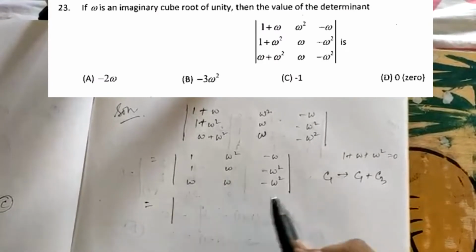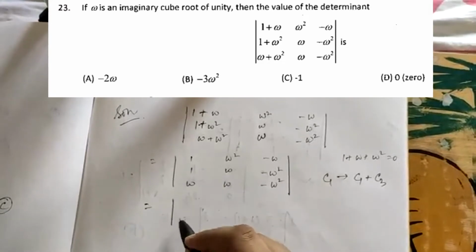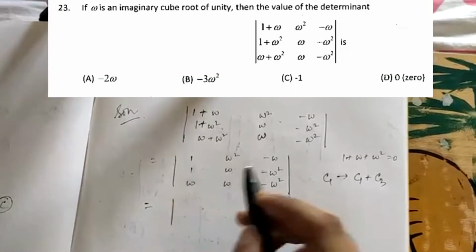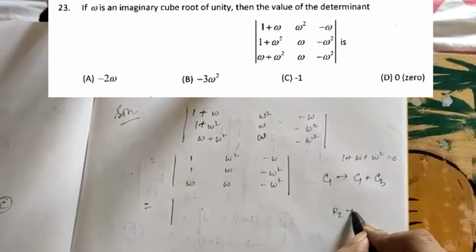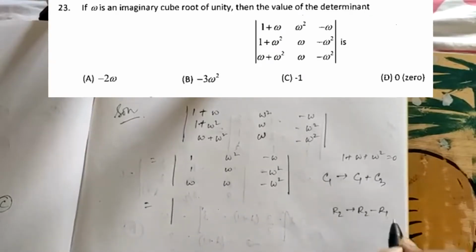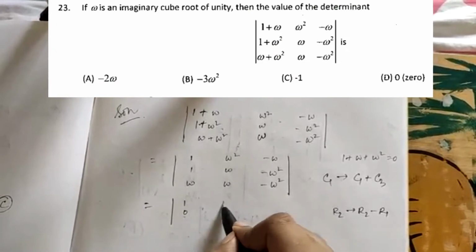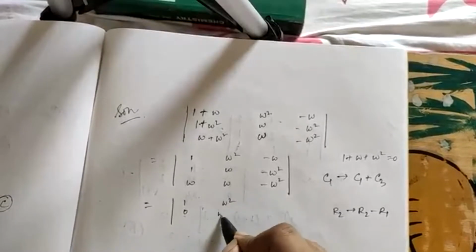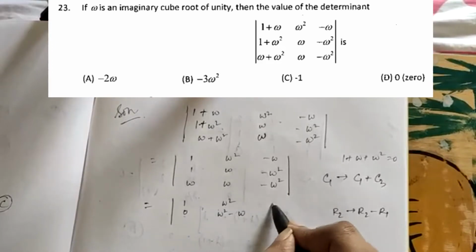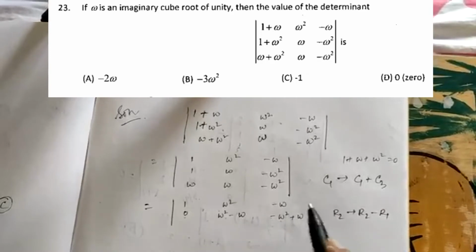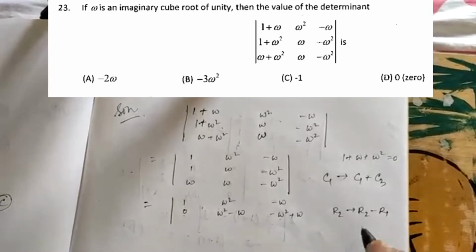Let's make this 0. R2 is changing to R2 minus R1, so I get 0, ω square minus ω, and minus ω square plus ω. And I am also doing R3 changing to R3 minus ω into R1.